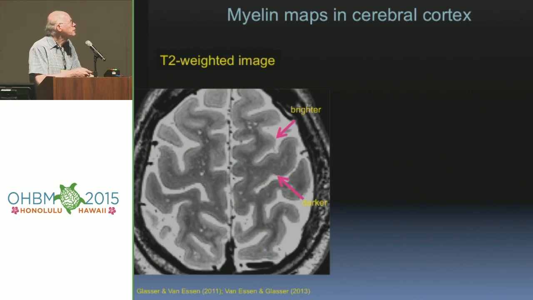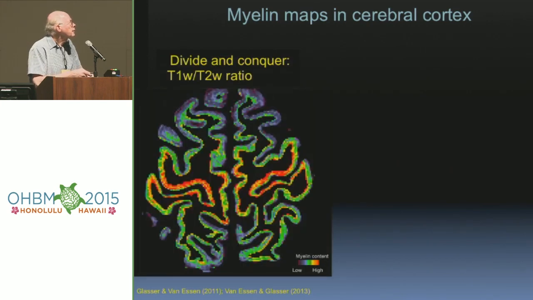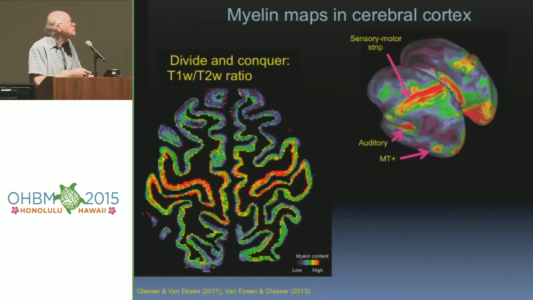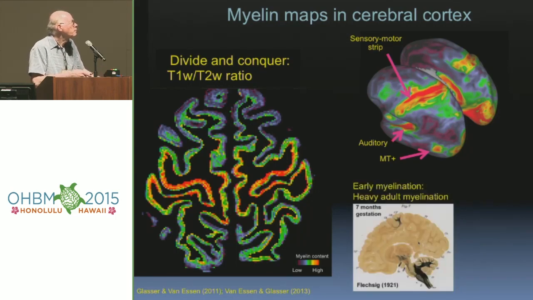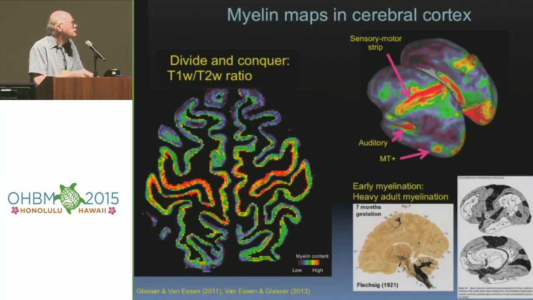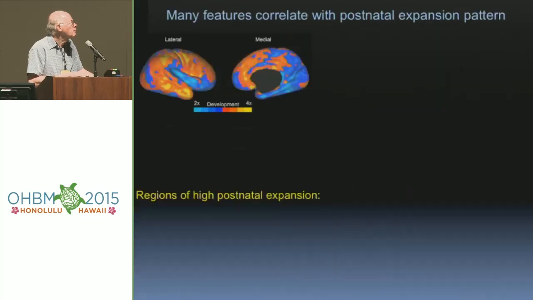Matt Glasser's idea was to take the ratio voxel by voxel and colorize it, and to use those to generate maps of estimated cortical myelin content. And the hot spots, the red and yellow of heavy myelination, correlate with the pattern of postnatal maturation reported by Flechsig and shown on his schematic map.